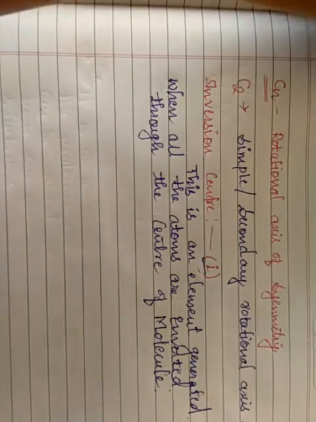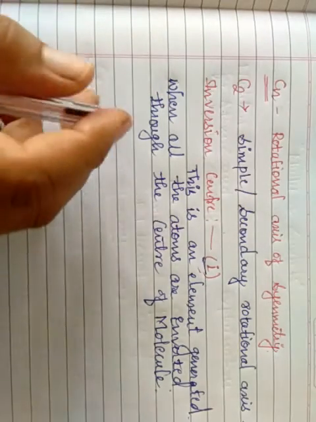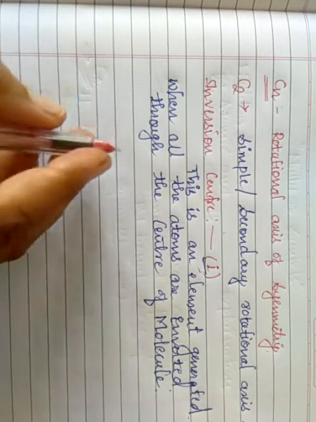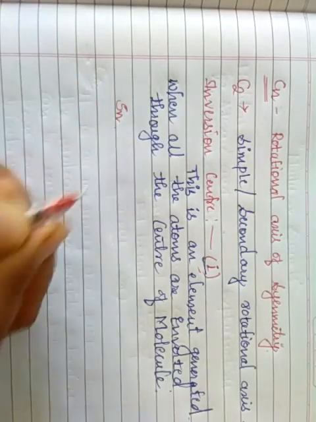Now next part is the improper rotation axis of symmetry or rotation reflection axis, that we call Sn.